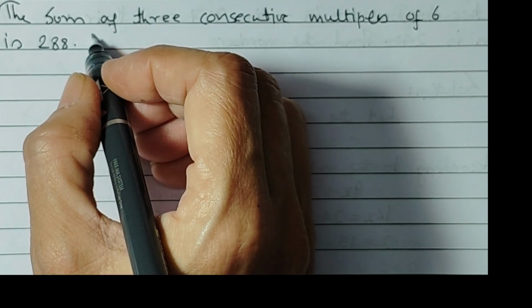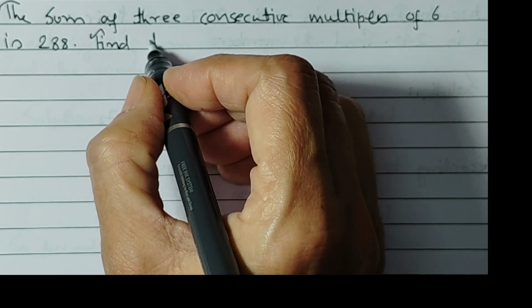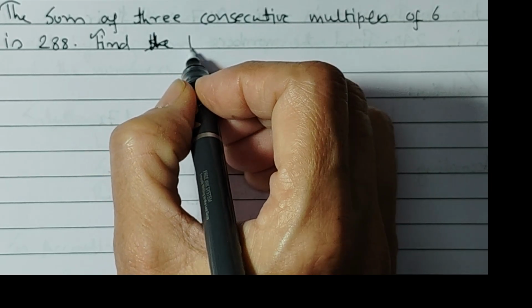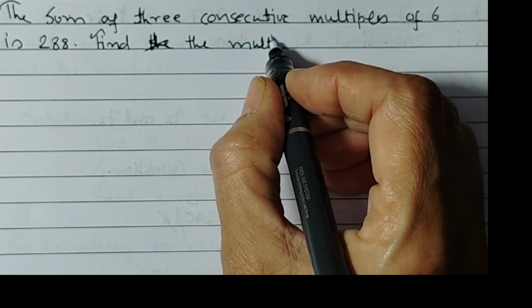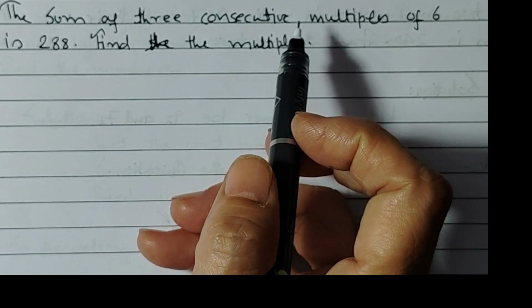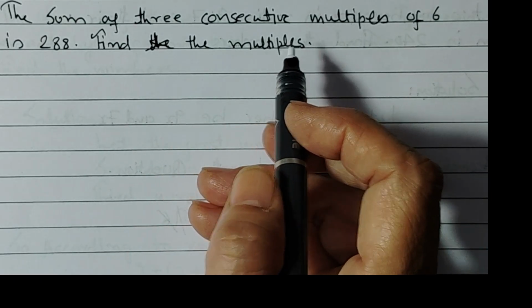Find the multiples. The sum of three consecutive multiples of 6 is 288. Find the multiples.